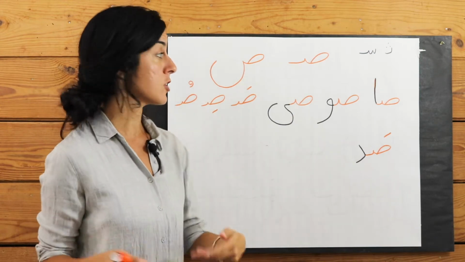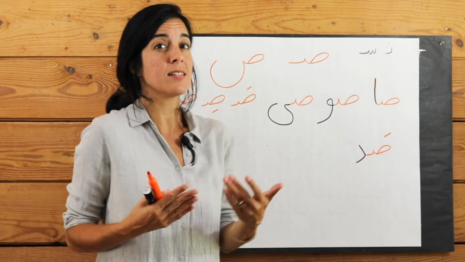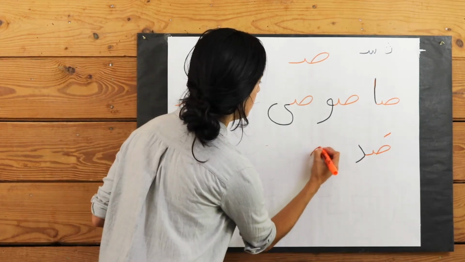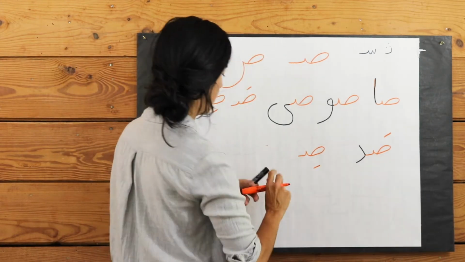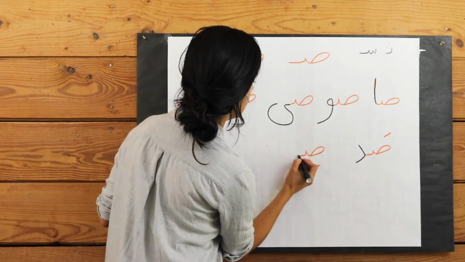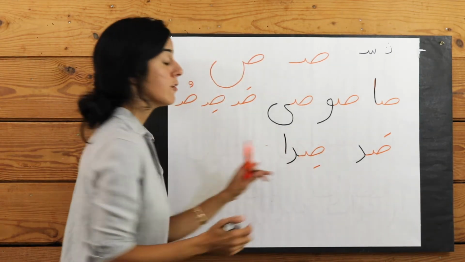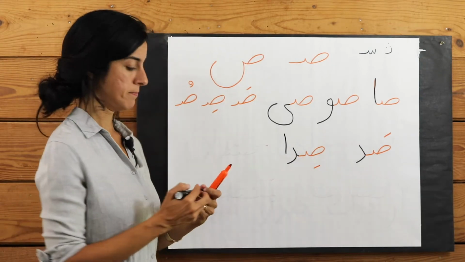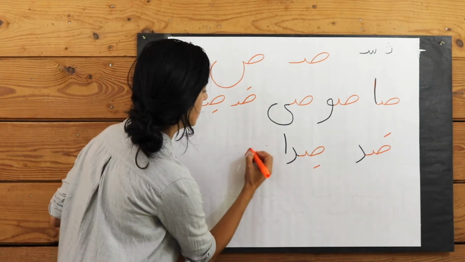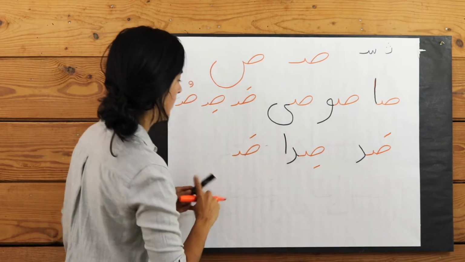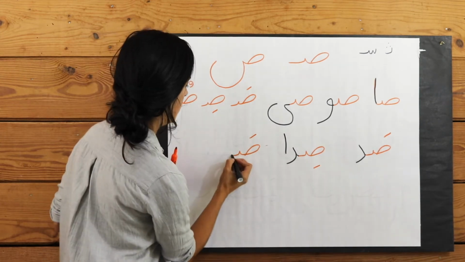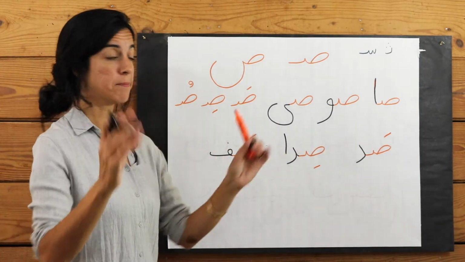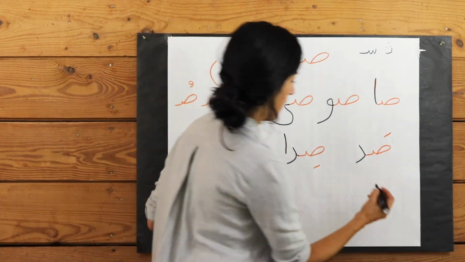That's how you can differentiate them in reading and writing, but you cannot differentiate them in spoken Persian. Next is the word for voice, and that is seda. Next, there is saf, and that is a line of people, saf.